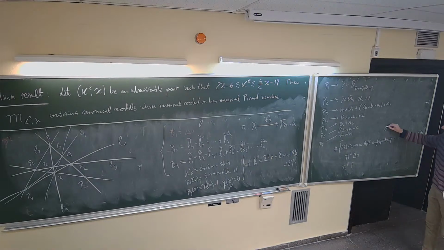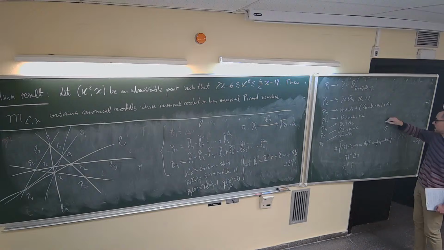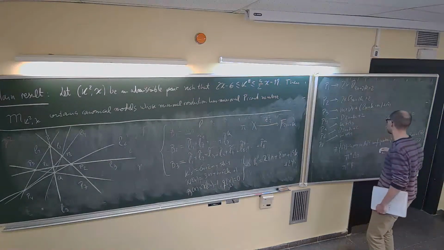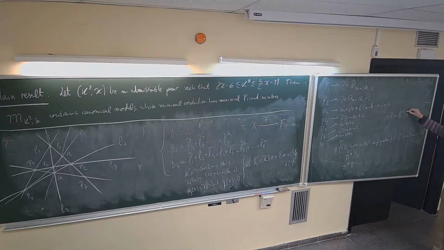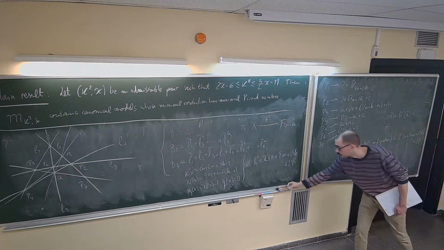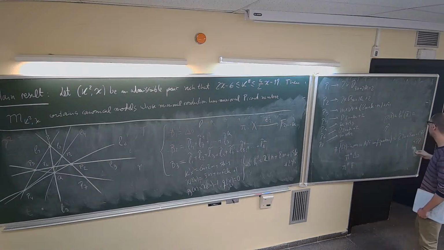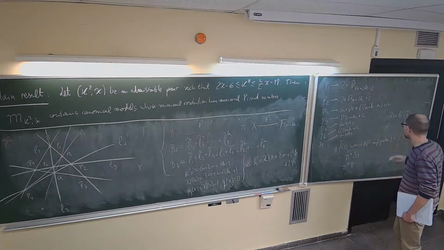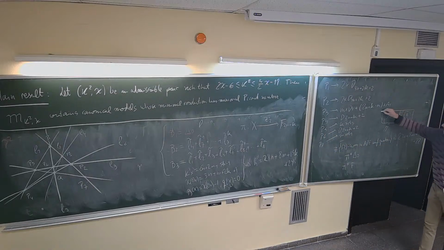And in the end, what we get is that the Picard number of the surface constructed in this way equals this Hodge number h11 of X. Sorry, actually, we have to consider the minimal resolution of this cover. And with this claim, the main result follows.